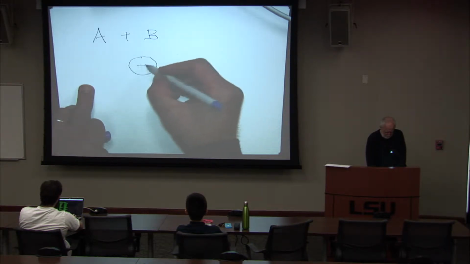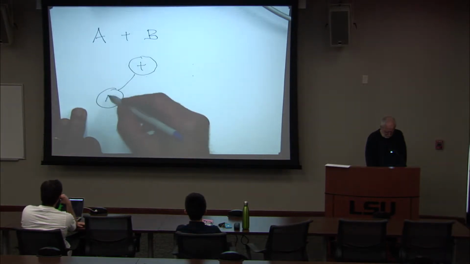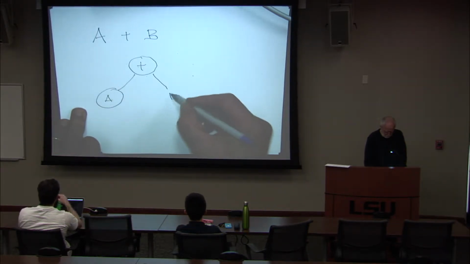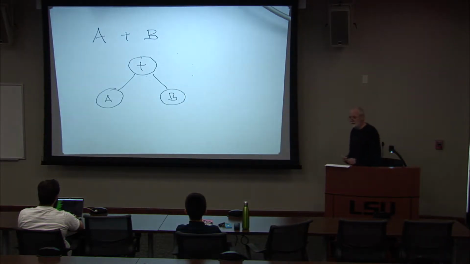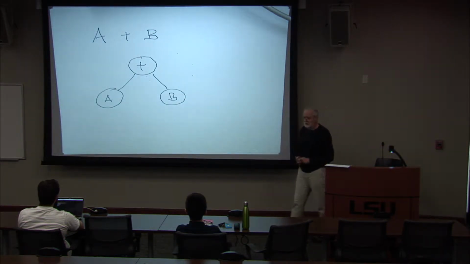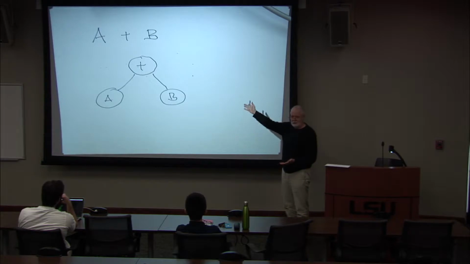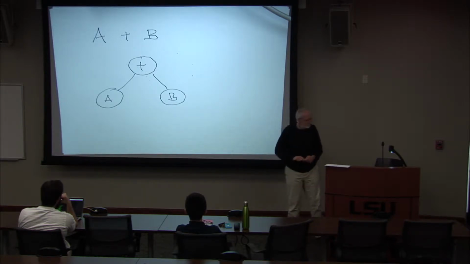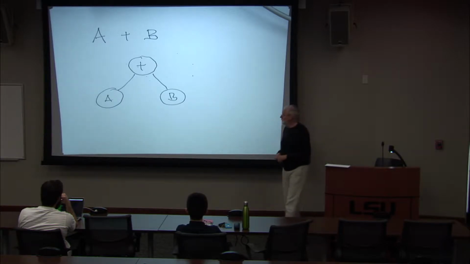We have 3 nodes: plus, A and B. While I assume that this is enough in terms of explanation, because this is actually what's happening in memory, it doesn't seem to be quite clear what I mean by that when we build this kind of tree data structure in memory. That's one thing I want to go into today.